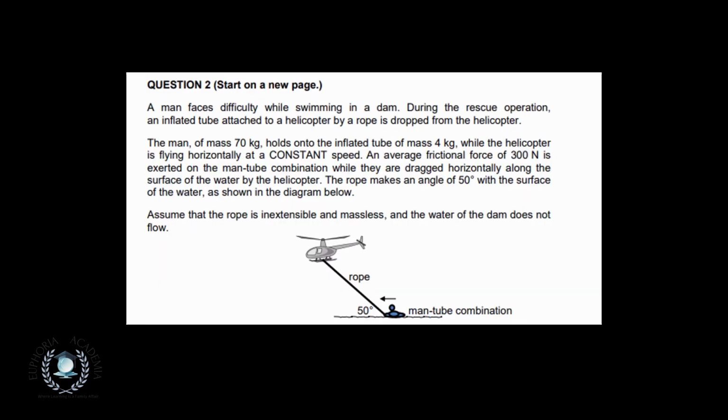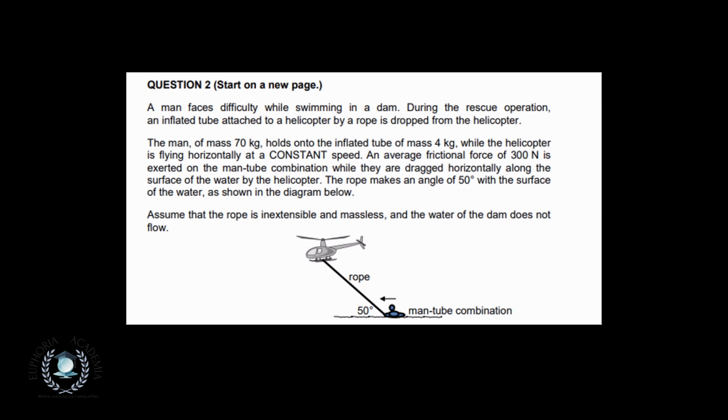Right, so let's just speak about this question and talk about what's going on, and then we'll explain it in more detail in the next slide. So we have a man facing difficulty swimming in a dam. During the rescue operation, an inflated tube attached to a helicopter by a rope is dropped from the helicopter.